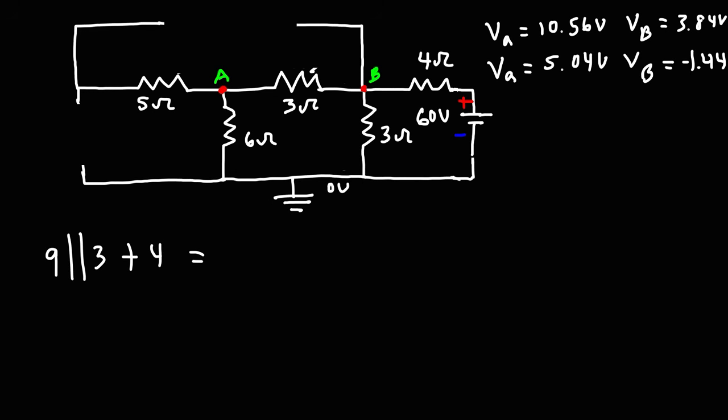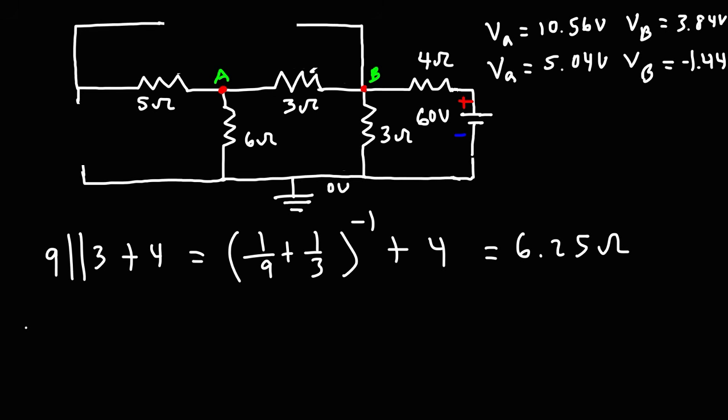But let's calculate the total equivalent resistance across the 60 volt battery. So it's going to be 1 over 9 plus 1 over 3 raised to the minus 1, plus 4. And so you should get a total resistance of 6.25 ohms.